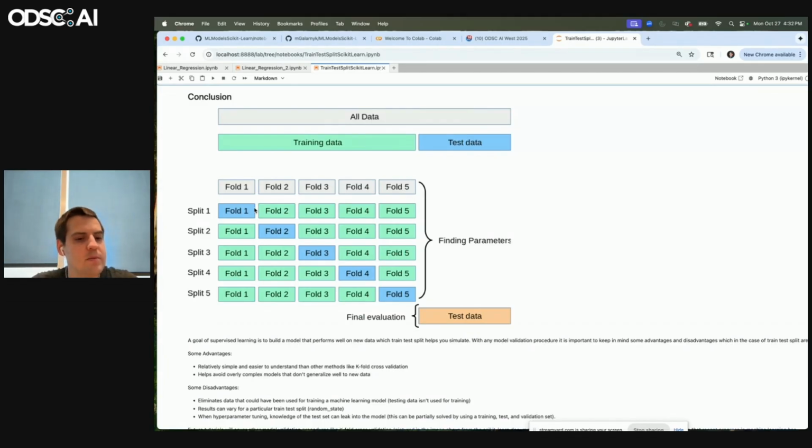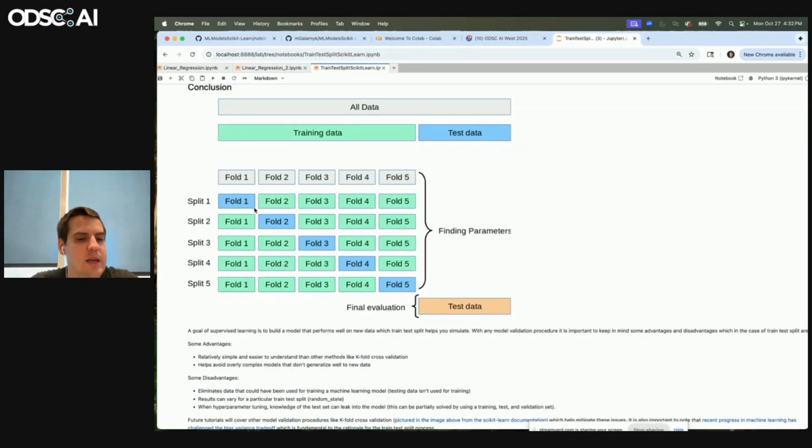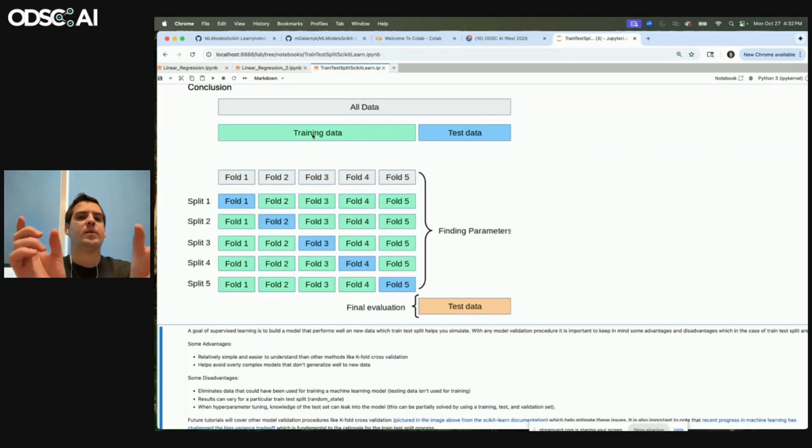The one advantage of this is that when you do hyperparameter tuning, you have a holdout set, your test data, and all the hyperparameter tuning happens in the training set. So in theory, you don't have information leak from the testing data into your training set.